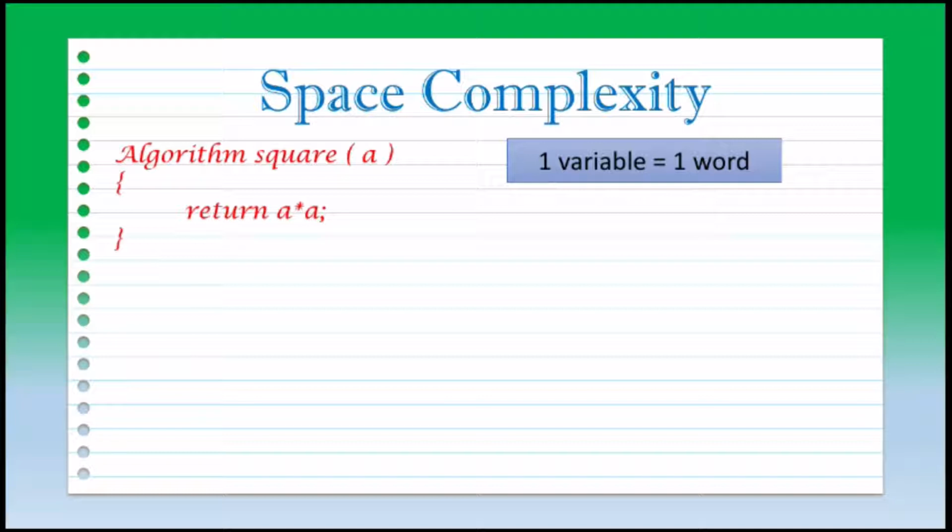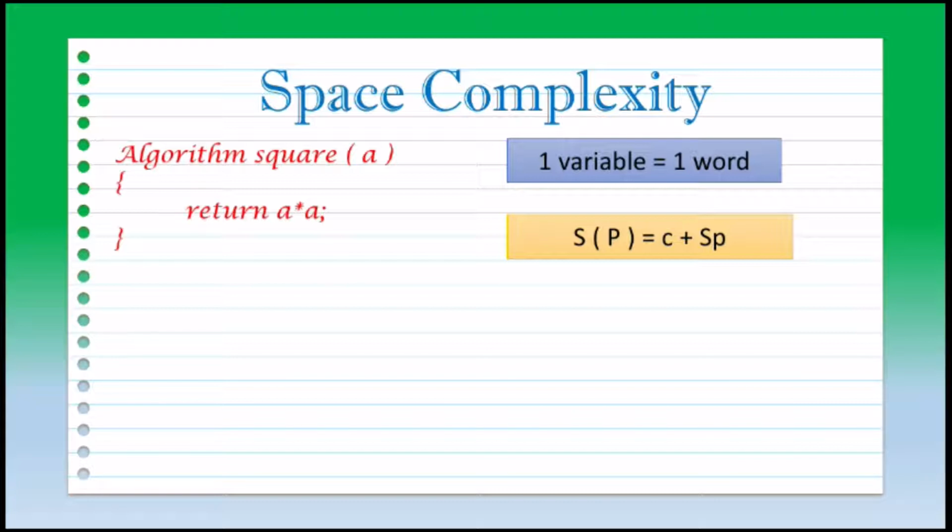The formula for calculating space complexity, which we know already, is S(P) = C + S_P, where C is the fixed part and S_P is the variable part. Now we will calculate the space complexity for this algorithm.